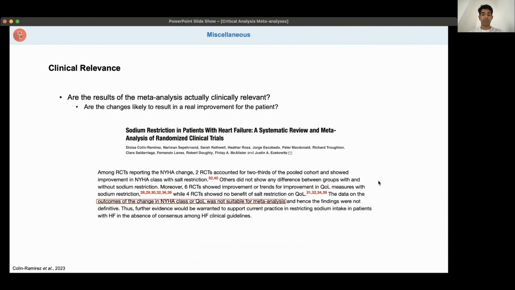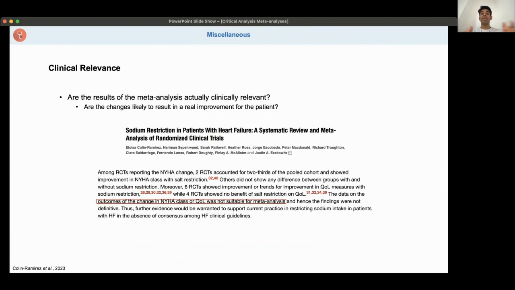Clinical relevance. We talked about that earlier. I said I was initially impressed by the outcome measures like quality of life, but you can see here later on in the study, they say the data on the outcomes of the change in NYHA class or quality of life was not suitable for meta-analysis. So actually, they've ignored the two very important things that I would look for in a meta-analysis to ensure that it's clinically relevant.